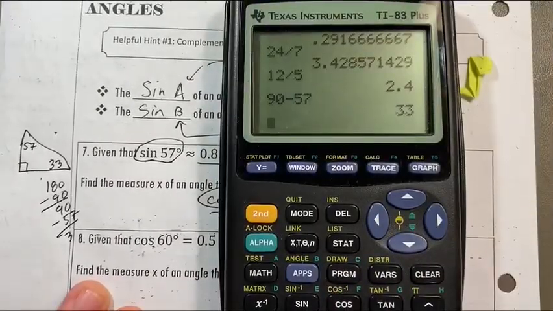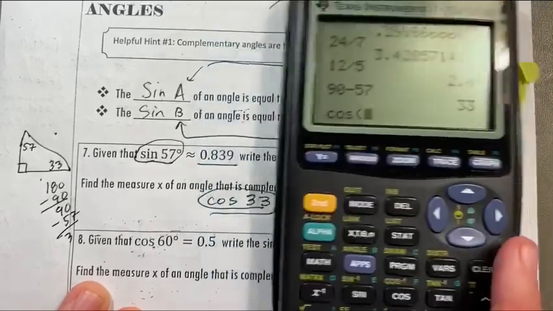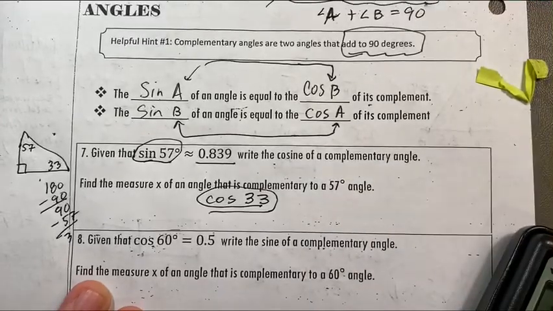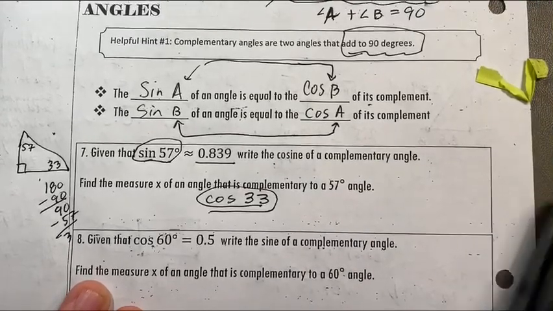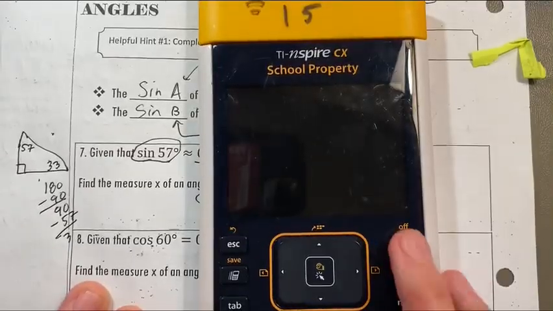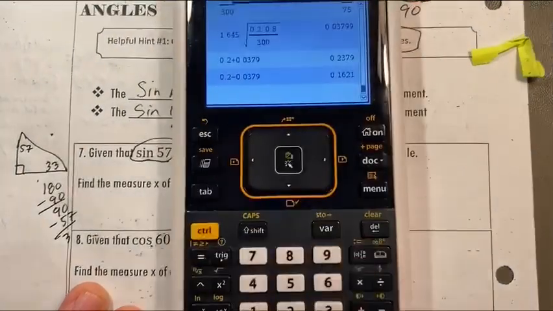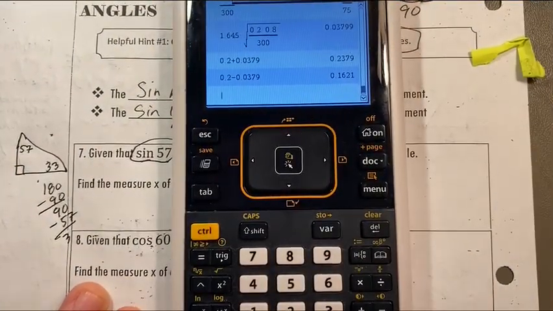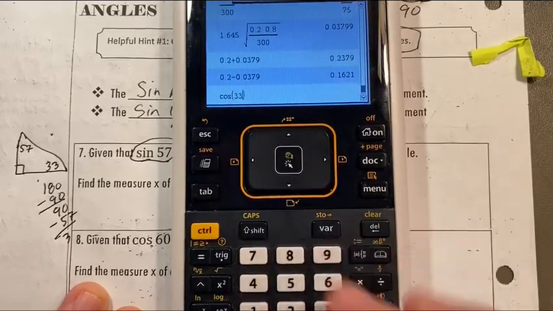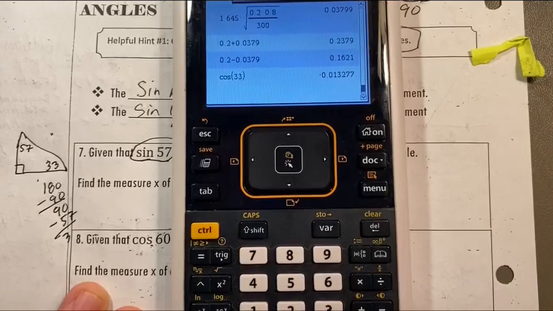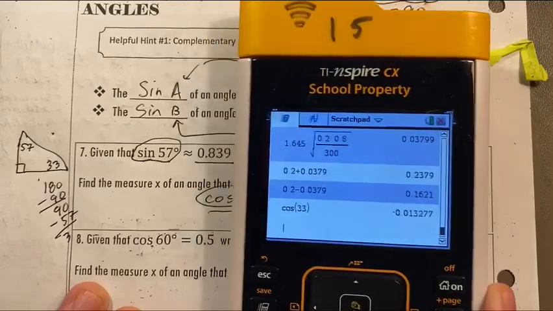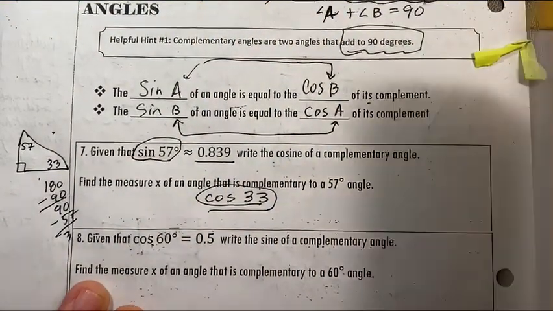So we can try that in the calculator. The cosine of 33 should give me the same answer as the sine of 57.